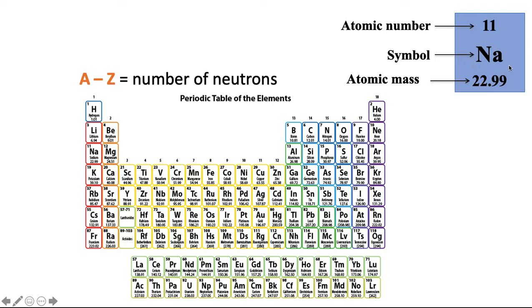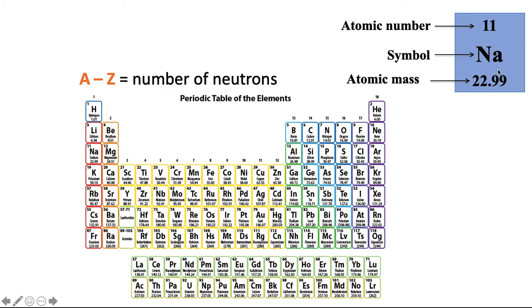In a neutral element, where the overall charge is 0, my protons have to equal my electrons. My positive charge equals the negative charge, that way they cancel out. And therefore, the number of protons will always be the same as the number of electrons. This is in a neutral atom, not in an ion.